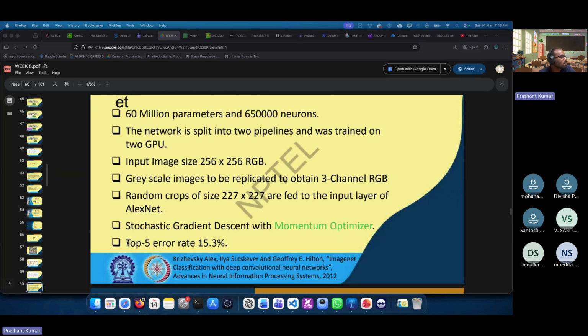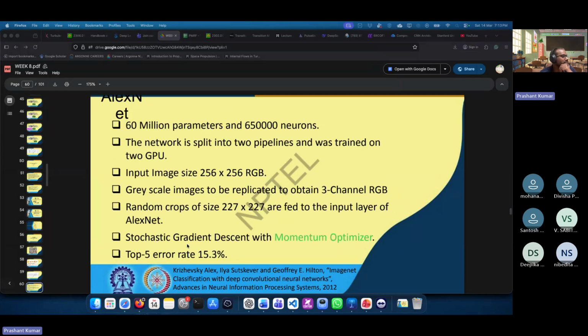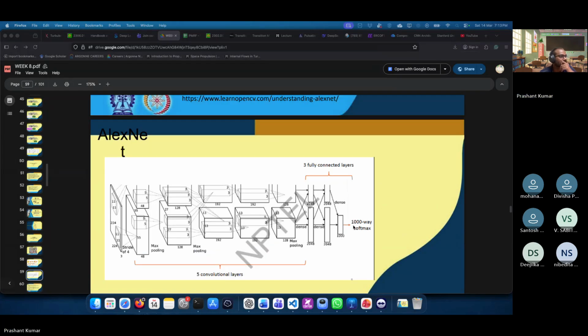This network was shown to have an error of 15.3% for top 5 error rate. What top 5 error rate means is that, let's say, I have given the input of a flower and I have got some thousand outputs. If in the top 5 outputs I am not getting the flower, then that is the error.